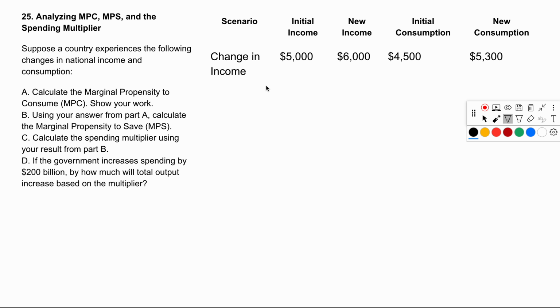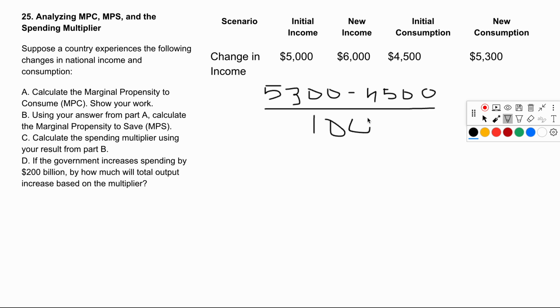So let's do that. 5,300 minus 4,500, so we get 800, over 6,000 minus 5,000. The change in income, I'm not going to write it down, but it's 1,000. So we get 800 divided by 1,000.